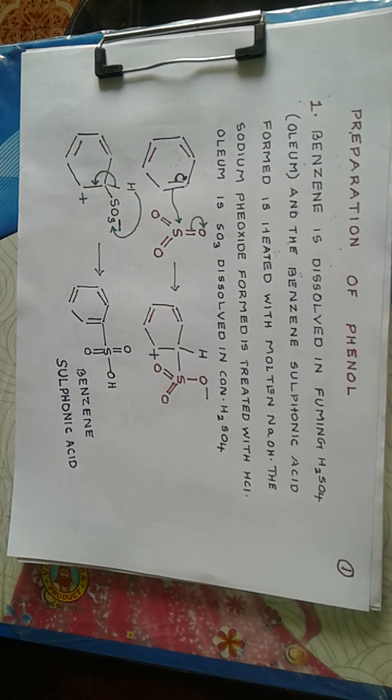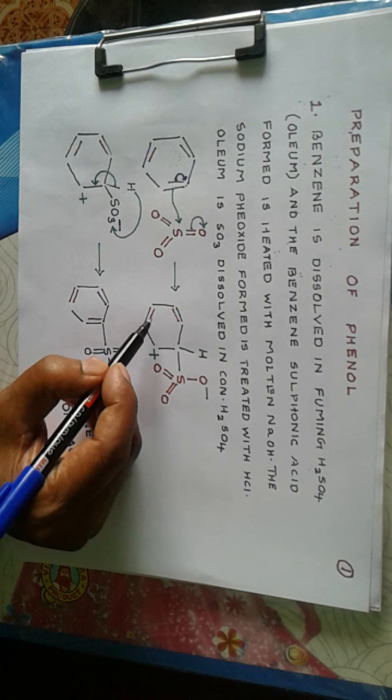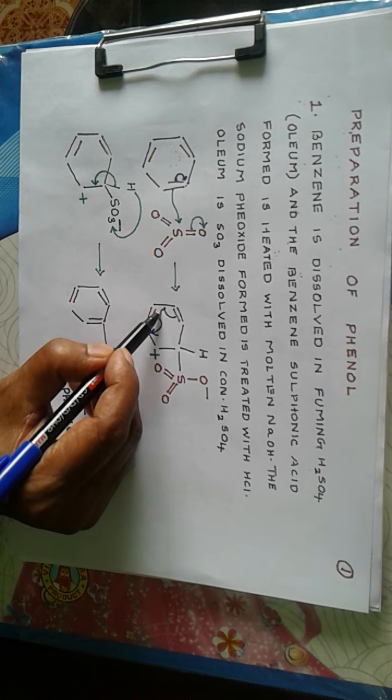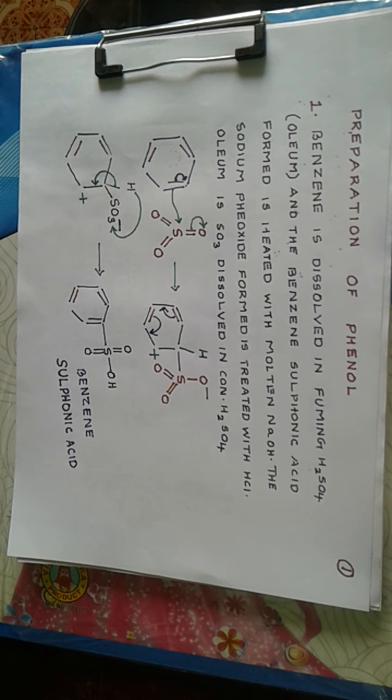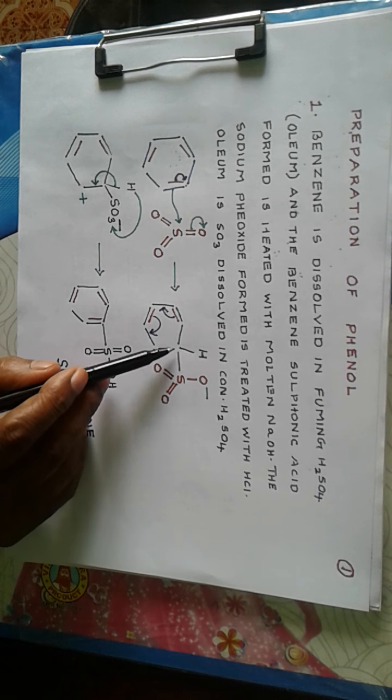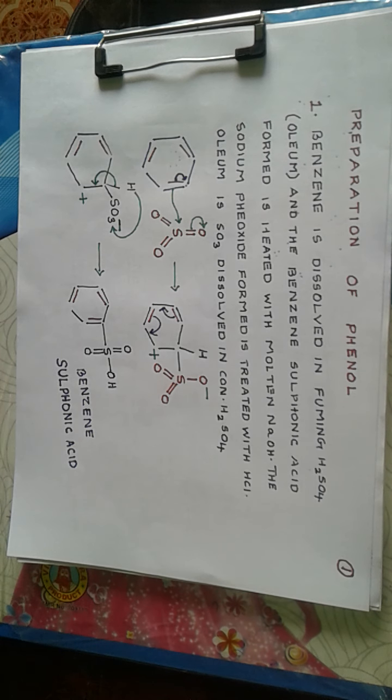Anyway, the net charge is 0. Now this carbocationic part is stabilized by resonance, as usual in the case of electrophilic substitution reactions, so that this positive charge may be delocalized over the benzene ring system except this carbon, which is a saturated carbon.